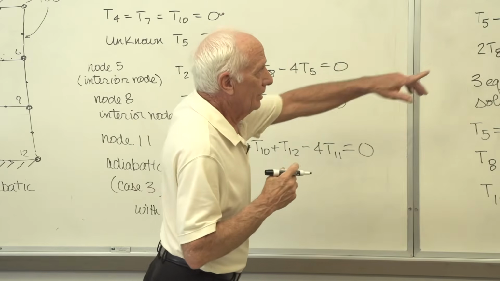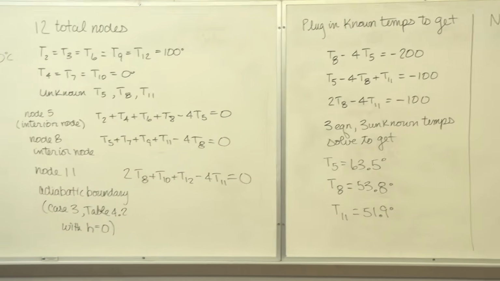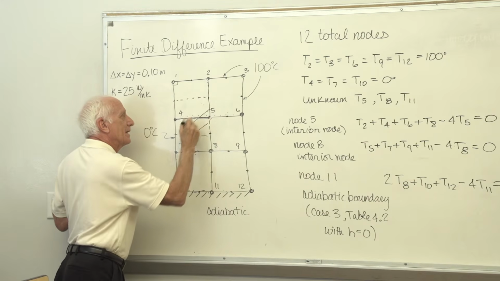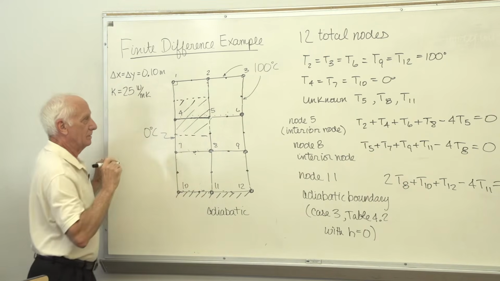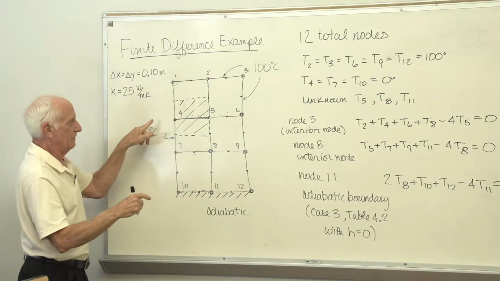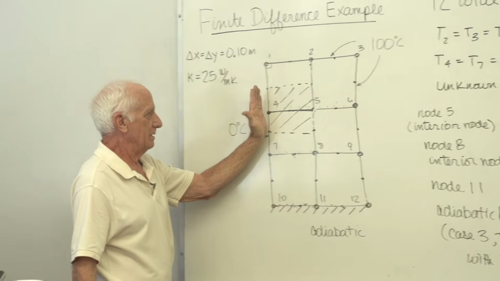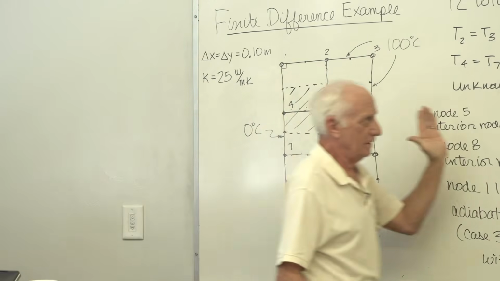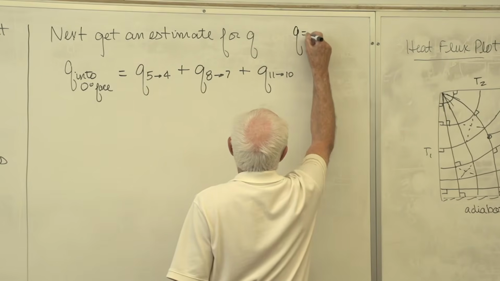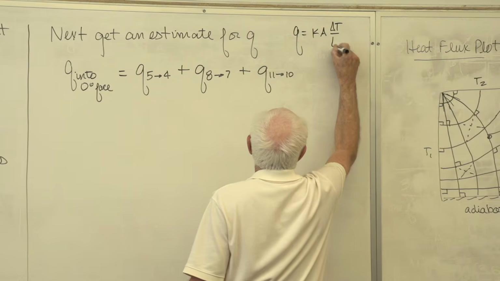Okay, let's do it. Q5 to 4. Now, this heat conducting rod replaces that much material. 5 to 4. Here's the heat flow. What's the area? Delta Y times 1. The area is delta Y times 1. We're using chapter 1.